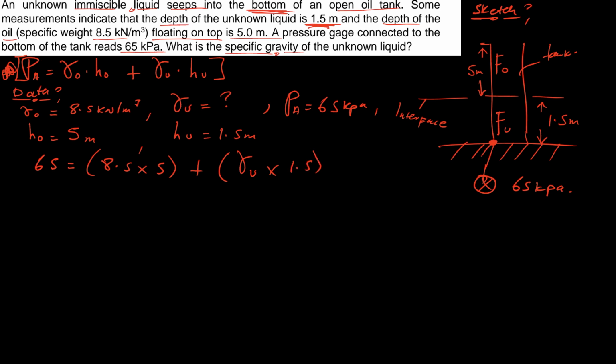So this would be a little bit of algebra, and if we do our math right here, 8.5 times 5 will give us 42.5.